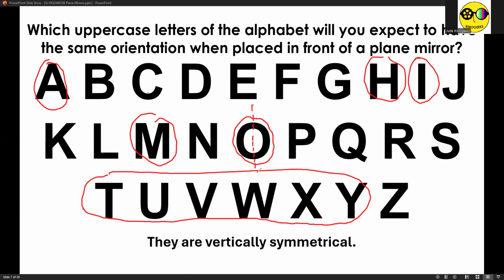Unlike other letters that weren't encircled or oblong, no, their left and right sides are not vertically symmetrical with one another. So for these letters, A, H, I, M, O, and then letters T to Y, we expect that their images in front of the plane mirror will just be upright because their left and right sides are not reversed.